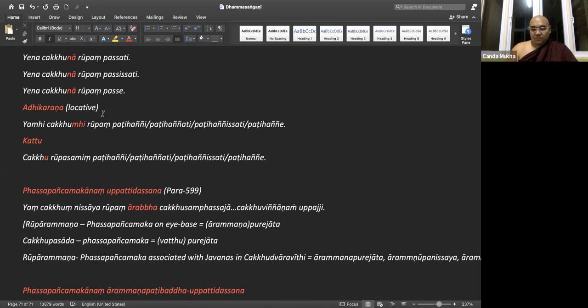So Jakhu has been taken here as a location or as a base. Rupandi Pajada Vajana Medam. So Rupam here is Pajada Vajana.